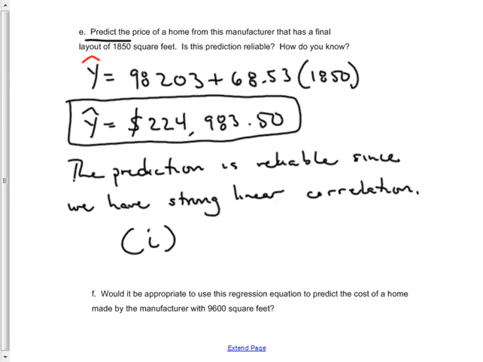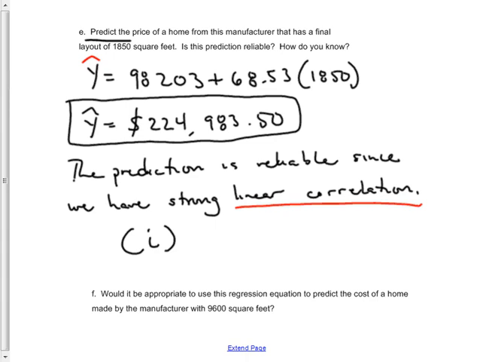When we get to part I, it will give us another way to answer this question. When we're asking whether a prediction is reliable, there's typically two things we want to look at. We can look at the strength of the linear correlation, and if it's strong, then our prediction's pretty reliable. If it's weak, our prediction's not reliable, but keep in mind, if you have really weak linear correlation, you wouldn't really use regression analysis anyway.